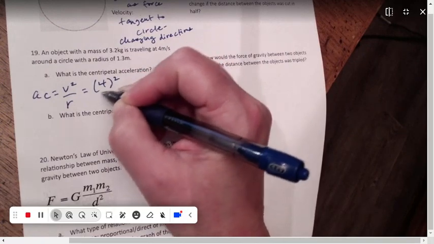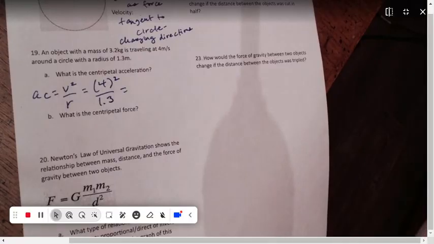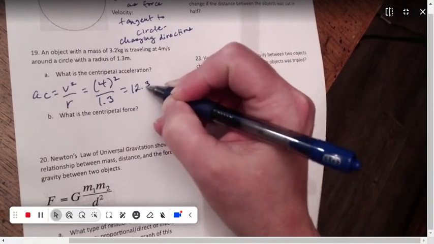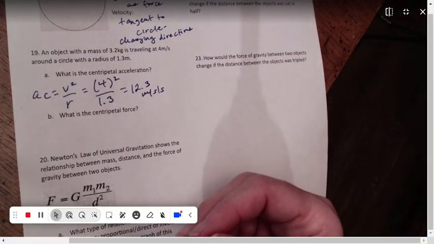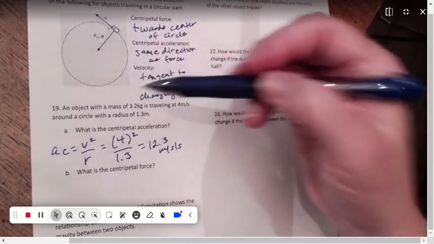I've got to square that, divide that by 1.3, and let's see, got to get my handy dandy calculator out again. 4 squared is 16, divided by 1.3 gives me 12.3 meters per second per second. Remember, this is acceleration. It's like the other accelerations we've looked at. It's just for an object moving in a circular motion.